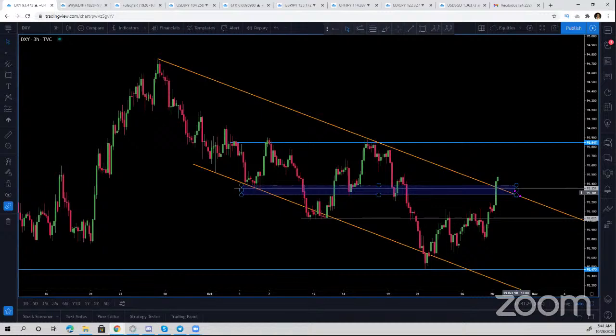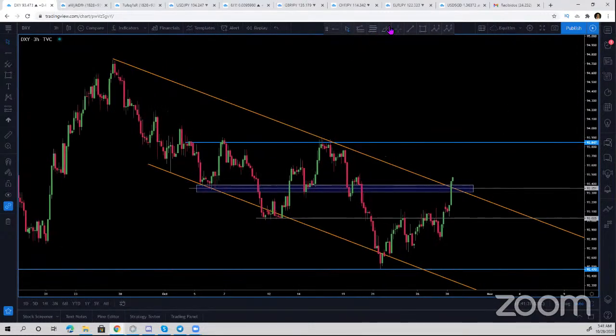On Monday, the DXY was trading around these levels. My plan was to wait for that rally to that zone and look for sales on the US dollar, because fundamentally I'm still very bearish on the US dollar.